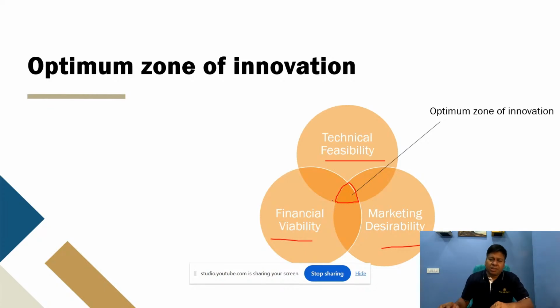Once all three matched up, they started working on it. So they started when they felt that their product was in this range with respect to technical feasibility, market desirability, and financial viability as well. If you have a very good technical team, everything is there, the market is also there, but if you do not have a budget, what will happen? You will not be able to support that product.